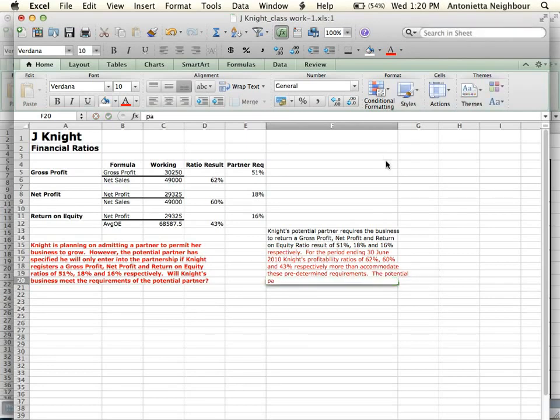The potential partner will invest in Knight's business.